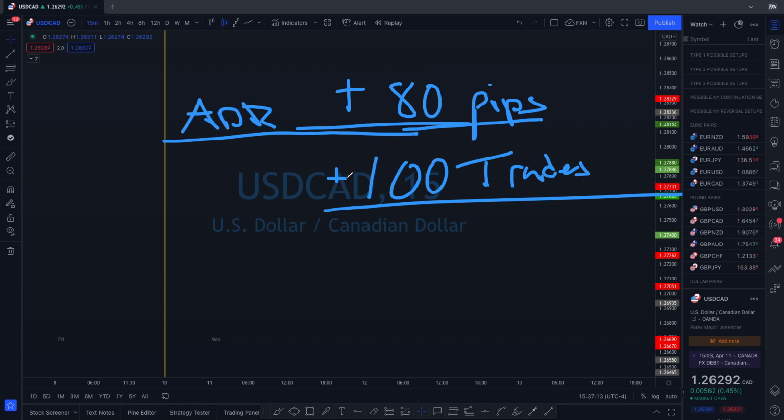What pairs do I understand the most? And what pairs do I absolutely hate? Because you're not going to love all of the pairs, and that's perfectly normal. 100 trades, and you're asking yourself those specific questions.